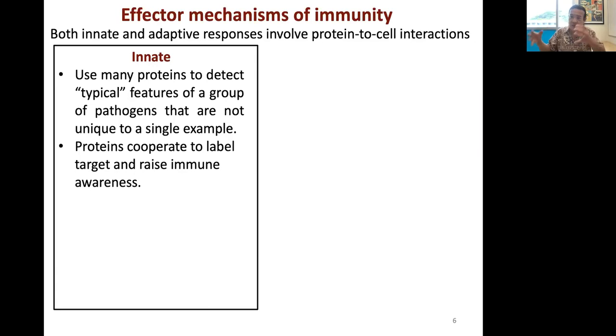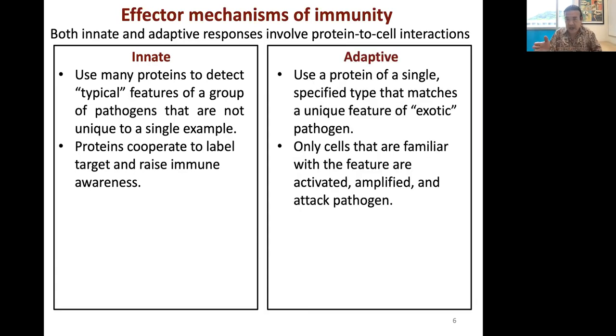Right? And then these proteins can cooperate to do things like very quickly bind to the target and serve as a label that actually highlights the fact, yeah, we have here a pathogen. And then you have immune cells that are geared up to automatically go ahead and take care of it.